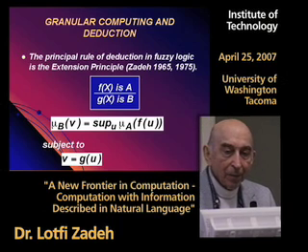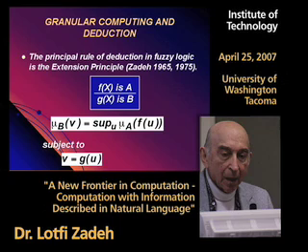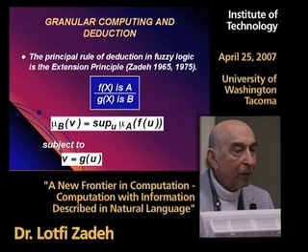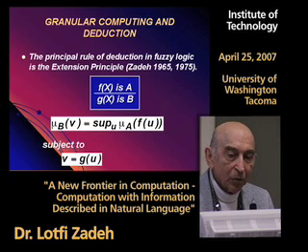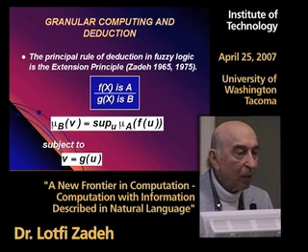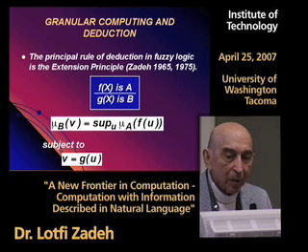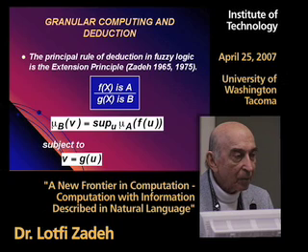It says if you have a variable and you constrain not the variable itself, but a function of that variable, and you say that function is small, large, whatever the case might be, and then you ask what will be the constraint on some other function of x, then you can ask that question.